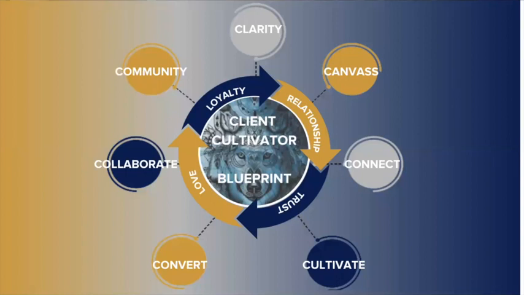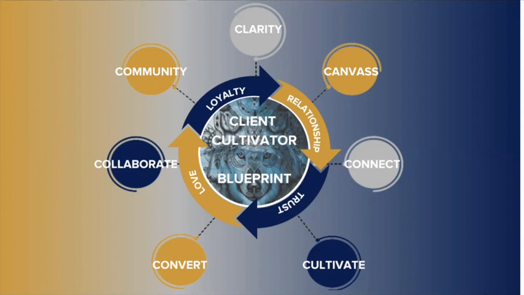So just to give you a very brief overview of these steps in the Client Cultivator Blueprint. And then we're going to be diving into this first step, clarity, and touching a little bit on canvassing today. This is really a 7-step process that is the foundation for my Sales Brilliance Bootcamp program, where we unpack and deep dive into these different elements.